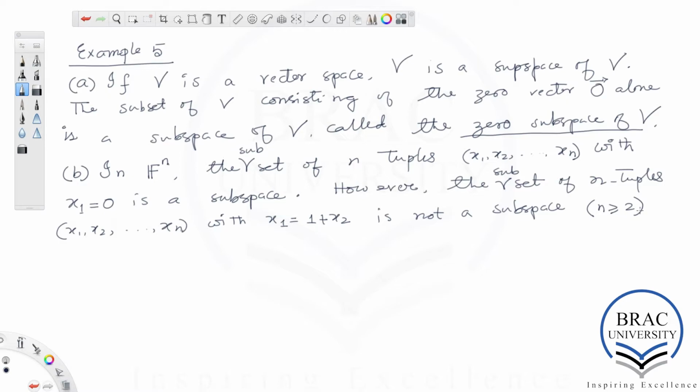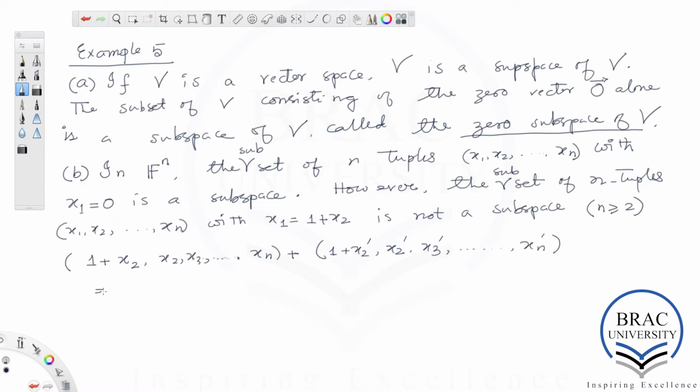Okay, so suppose that you take, if x1 is equal to 1 plus x2, then the n-tuple reads (1 plus x2, x2, all the way up to xn), and you add it to another n-tuple belonging to the same subset, (1 plus x2 prime, x2 prime, x3 prime, all the way up to xn prime).